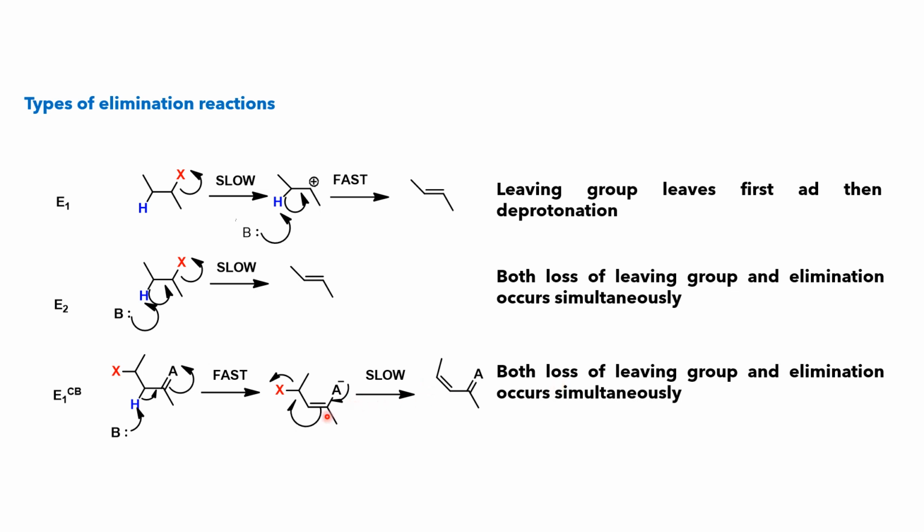That is, in the case of E1CB, the steps are just opposite to that of E1. In E1, first the leaving group will leave, or the loss of the leaving group will take place. But in the case of E1CB, the loss of proton, that is deprotonation, will take place first. In E1, the second step is deprotonation. In E1CB, the second step is the loss of the leaving group.